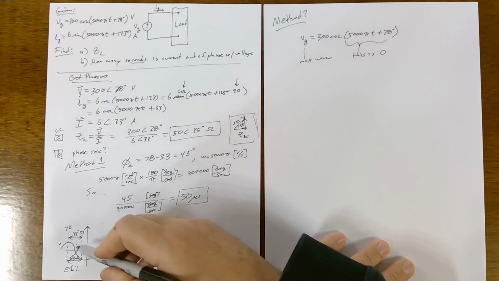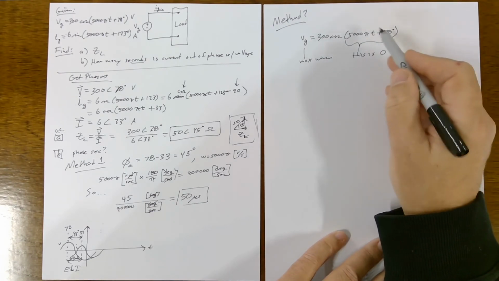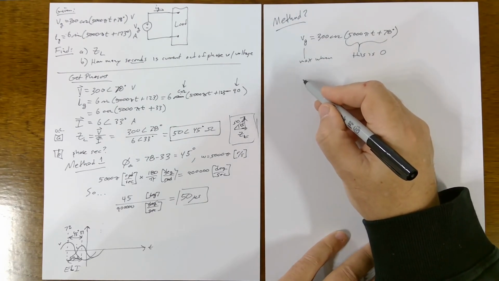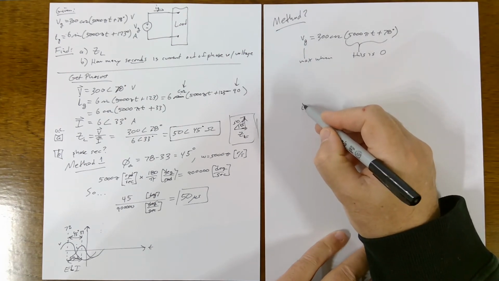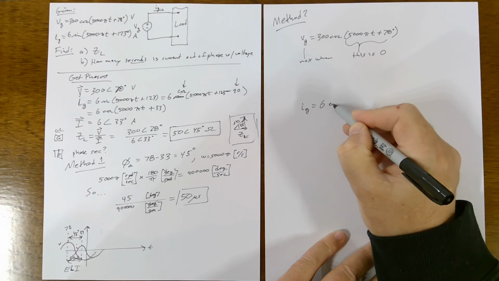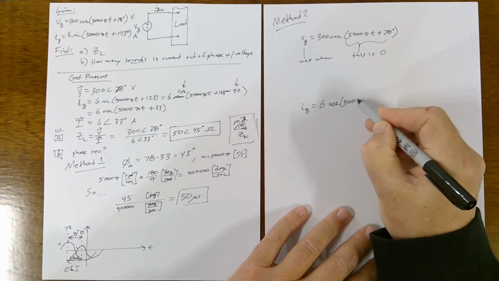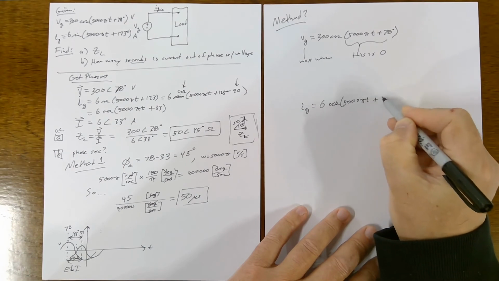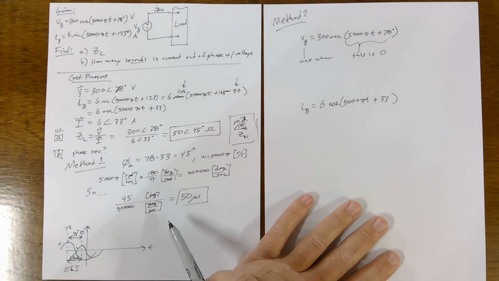So we could find the peak basically by finding when this part of it is 0, and likewise for i of t, which is 6 cosine 5,000 pi t plus 33, just taking the phasor, where's I?